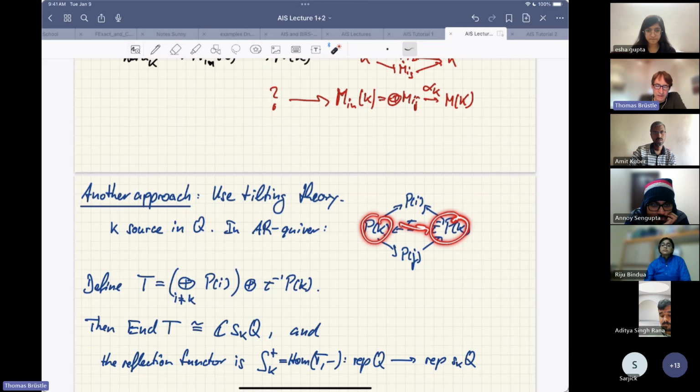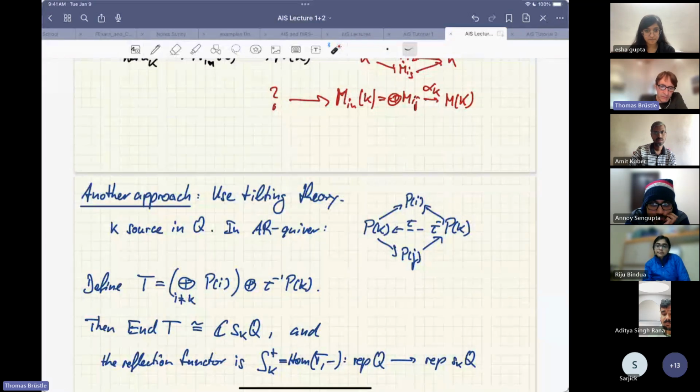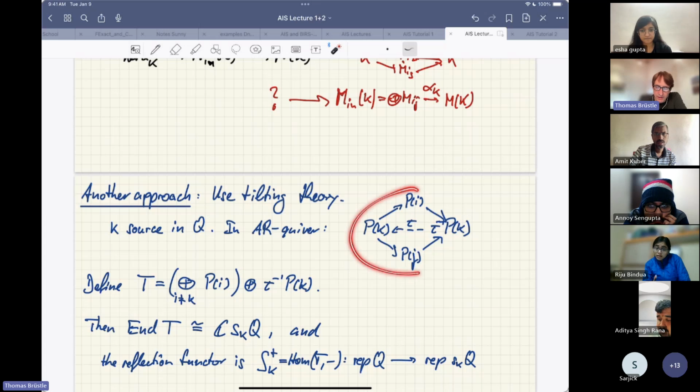And if I look at the endomorphism ring, what happens when arrows go out here afterwards? Oh God, my arrows are really wrong today. I'm sorry. Under this tilting process, I replace outgoing arrows by incoming arrows. I flip the orientation of the arrows adjacent to K. That's really what it is.